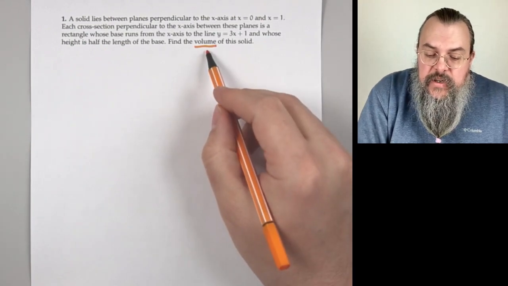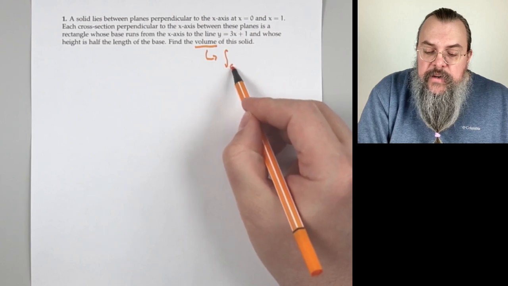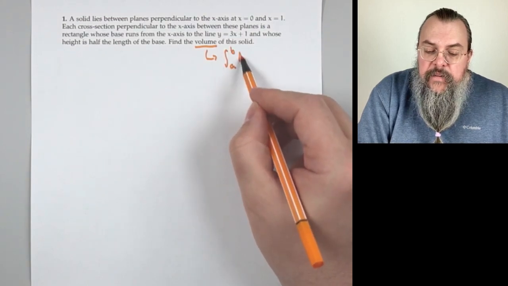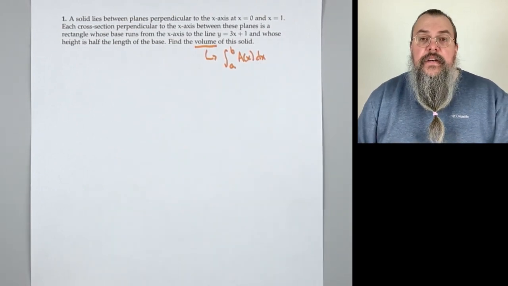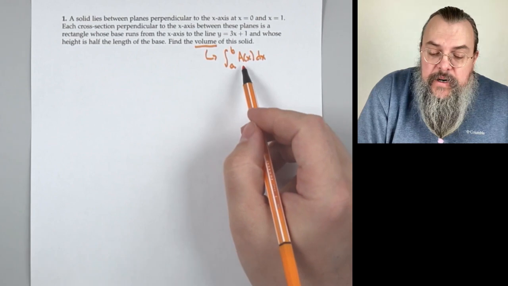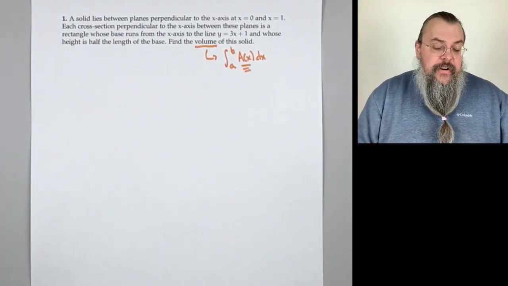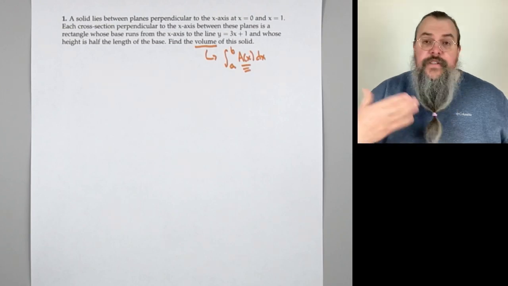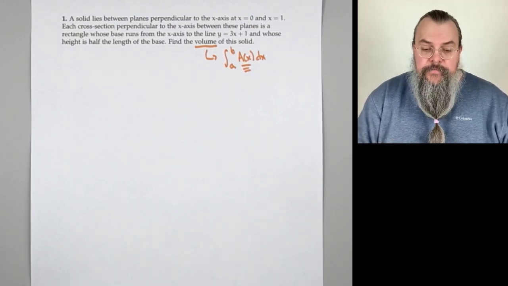In particular, this is the variation where we want to find the integral from a to b of the area of that cross-section dx. So that's the volume formula that we're building off of. And the hard part is, what is that area function? So we have to start unraveling what all these little bits and pieces mean.